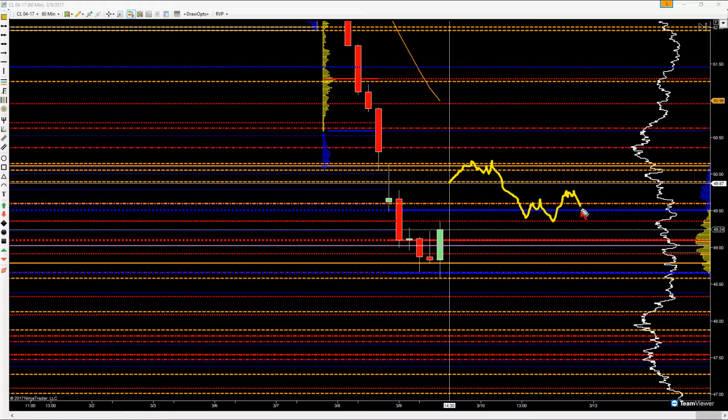Make an attempt back up, fail, and now we're going to see if we can't come back into yesterday's VPOC, this low volume node on the chart, which did not act as support, so we don't expect the stop price. We saw it acted as support for a little while on the chart, but ultimately it was broken. And then if we can get through there, come down, test overnight low, and even potentially low of day from yesterday. So this is number 3.